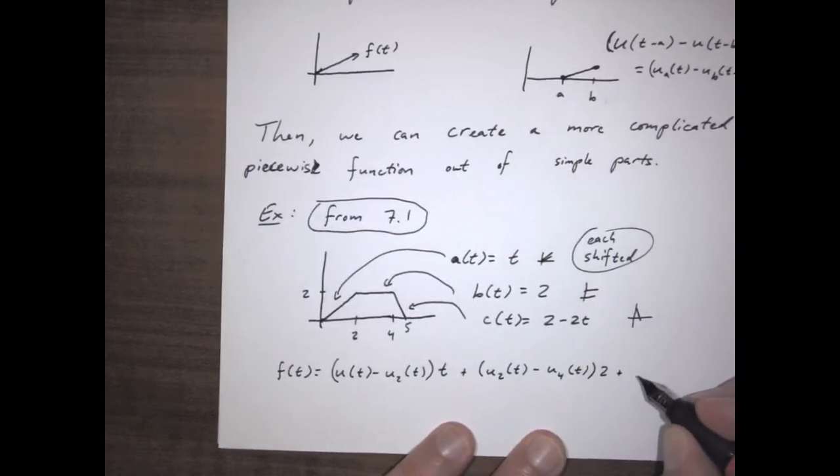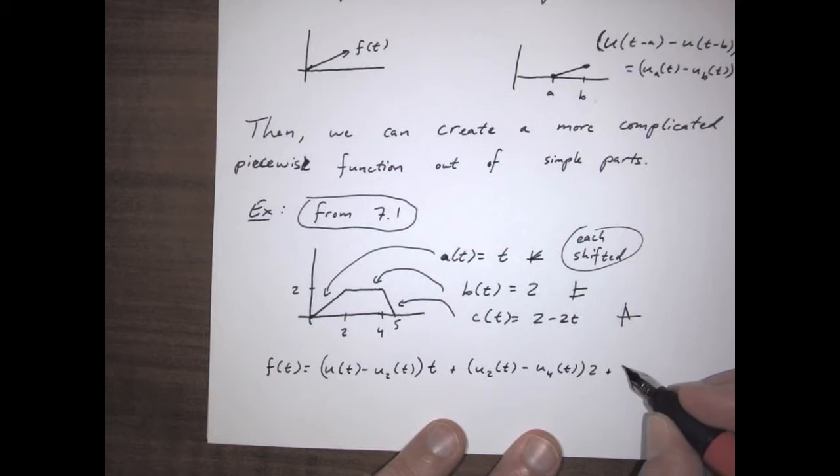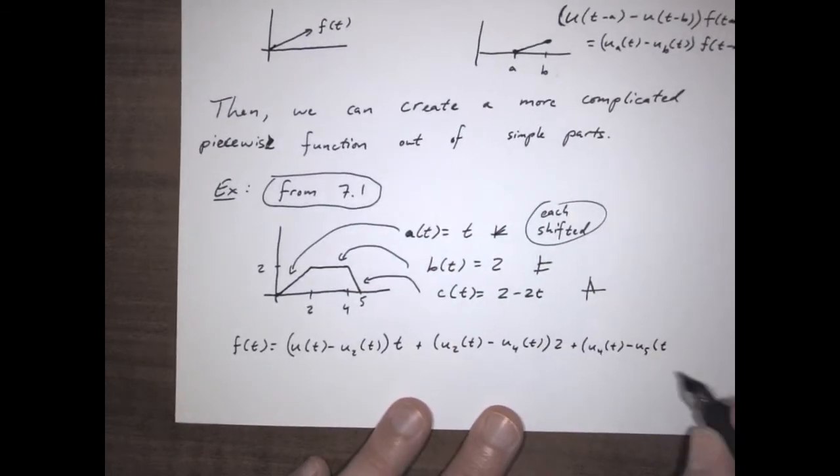And then plus, the last part here is going to be from u4 of t to u5 of t, and that's just going to be times now c of t minus 4.